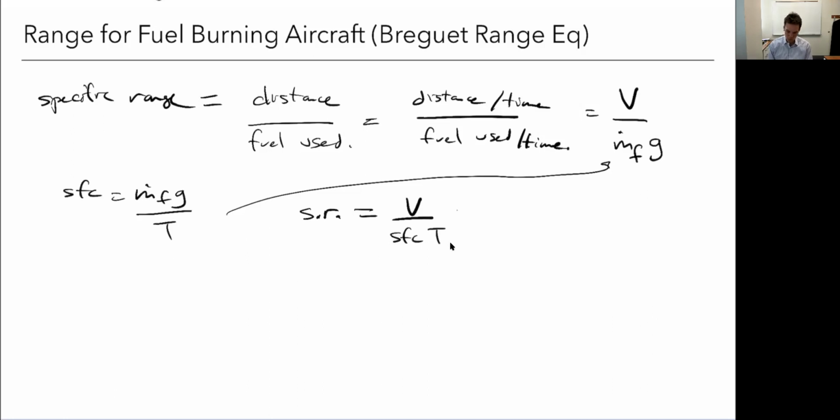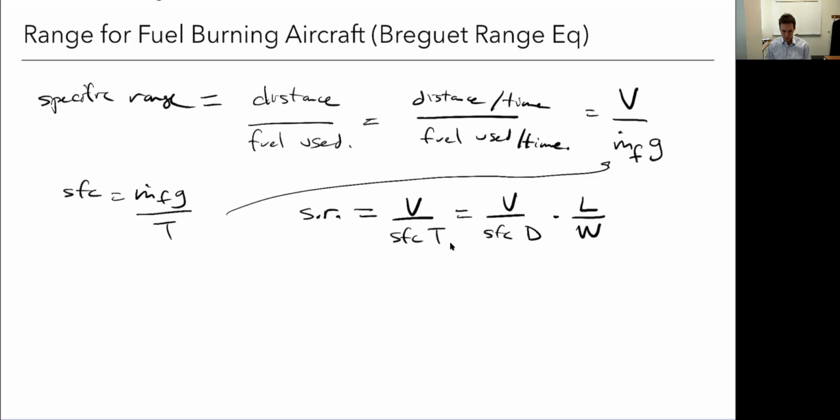If it's steady level flight, then thrust equals drag, and the same thing we did before. And like before, we're just going to multiply and divide by the same thing into a steady level flight, lift divided by weight. Okay, so this is my specific range, and the reason I want to do that is now we want to get in terms of weight. We're going to integrate as my weight changes across time.